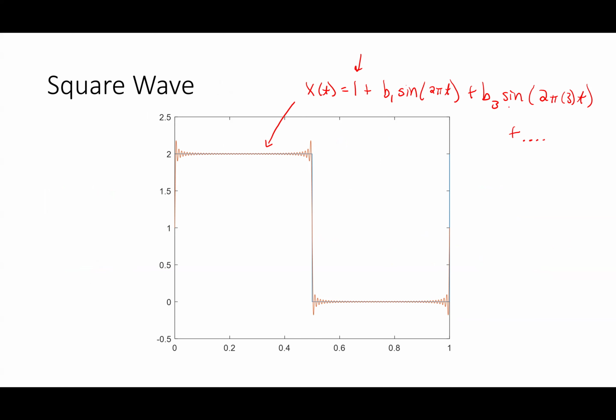Also, when I look at this, what's the fundamental period of this waveform? 1. Okay. So what's the fundamental frequency in radians per second? The period's 1 second. The fundamental frequency, omega naught, is 2 pi over what? 1. Or what? 2 pi.